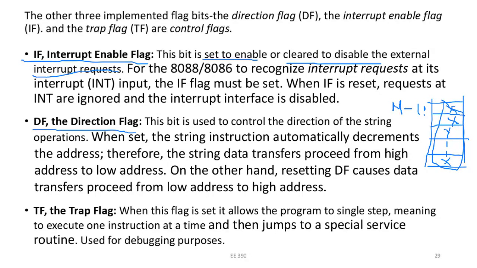When we read this string data, we can read it from a lower memory location to a higher memory location, or from a higher memory location to a lower memory location. The direction flag means that if it is set, string data transfer or string data access happens from the higher address to the lower address.